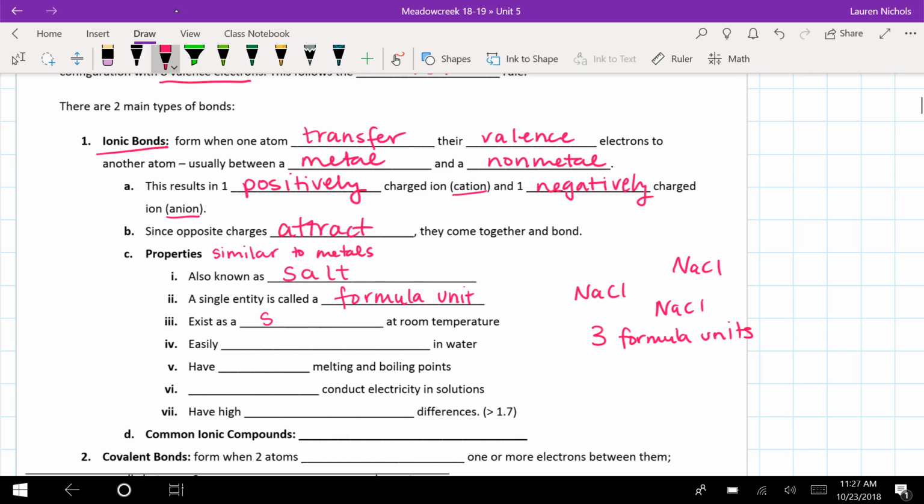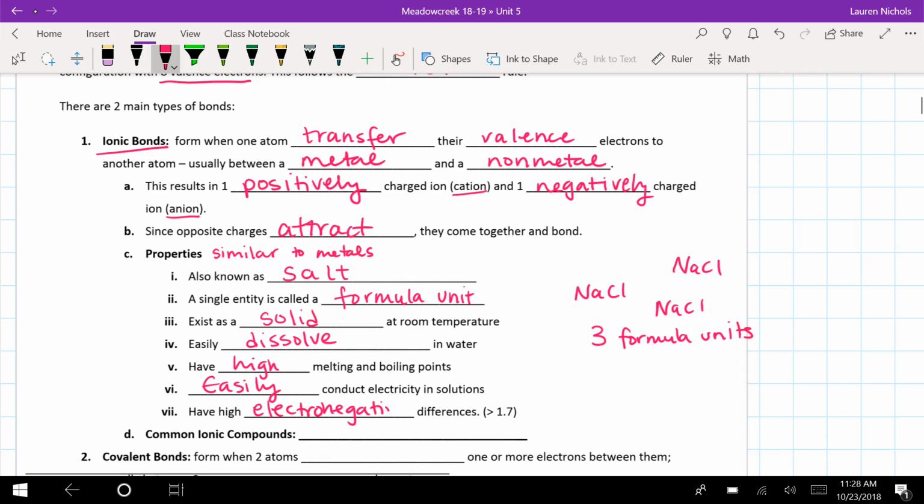They exist as a solid at room temperature. They easily dissolve in water, and they have high melting and boiling points. They also easily conduct electricity in solutions, and they have high electronegativity values.